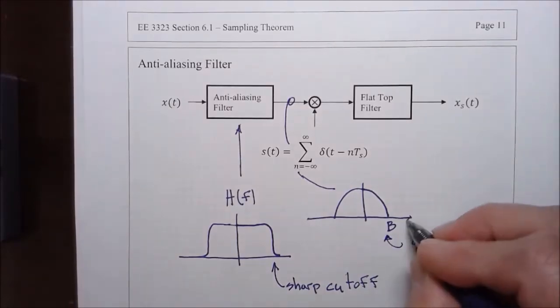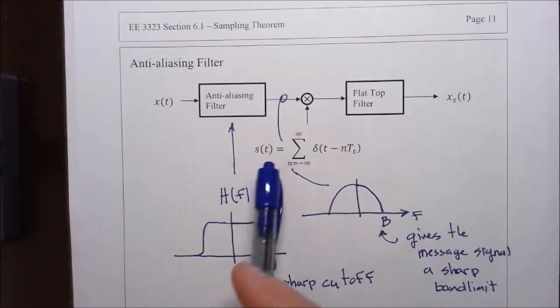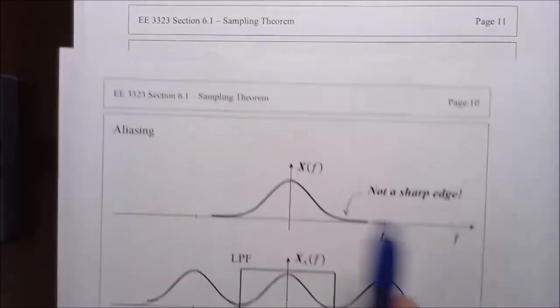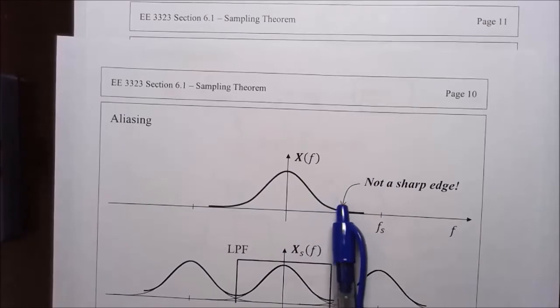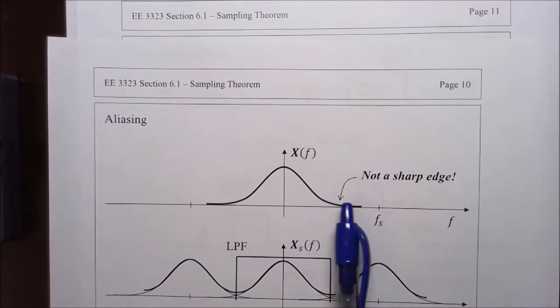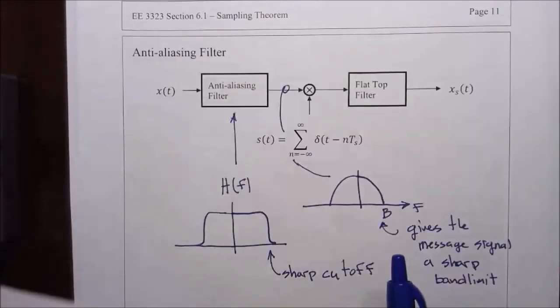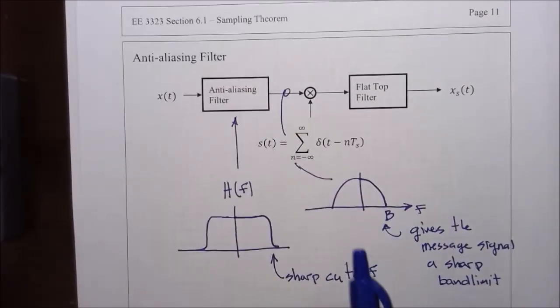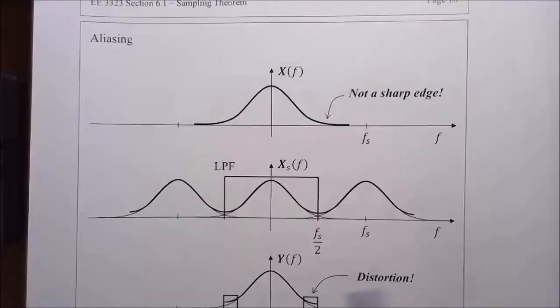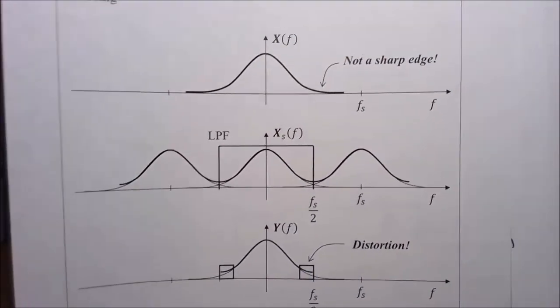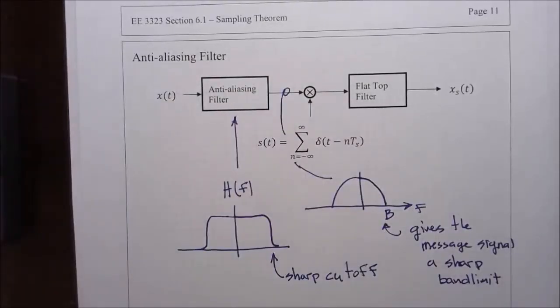Okay. Now, you can argue, and conceivably argue very well, that you're going to be intentionally losing some of the high frequency components. Yes, that is true, but at least you're losing them in a controlled fashion, rather than getting distortion in a more uncontrolled fashion.